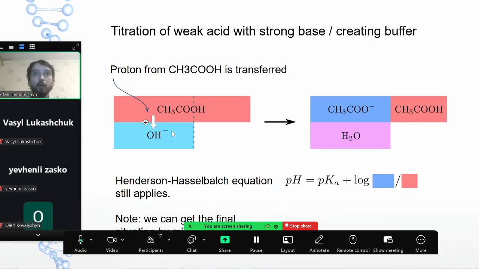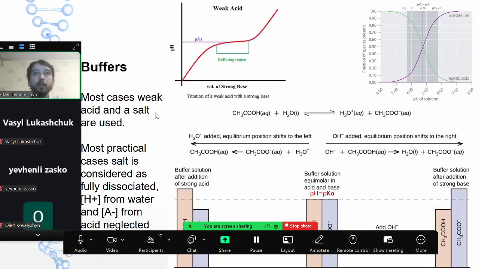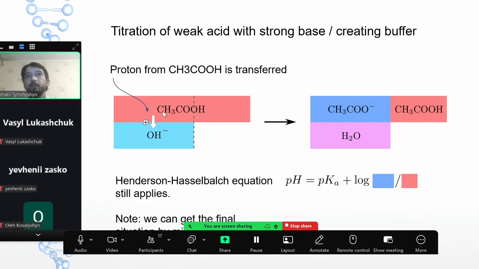What happens now? OH minuses start interacting with the acid, and some part of this acid will be neutralized. So protons will be taken away. We will get this sort of anion, and part of the acid will be left.